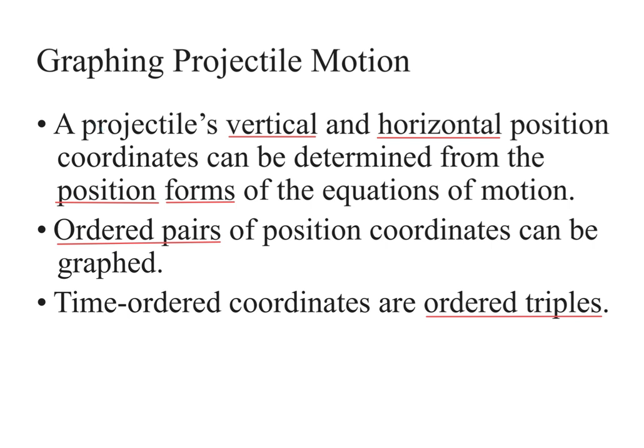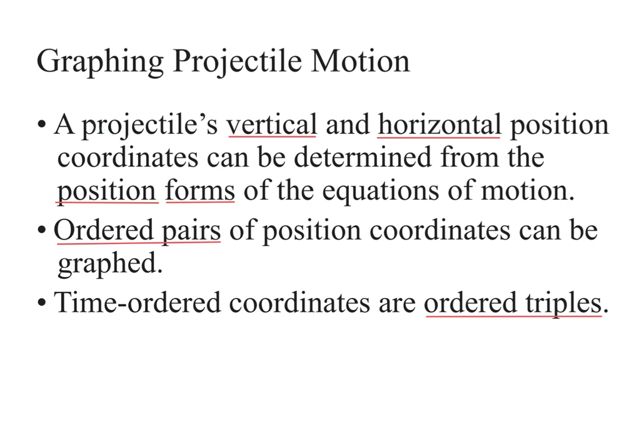The first thing we're going to do is graph this. We have the projectile's vertical and horizontal position coordinates, and they are determined from the position forms of the equations of motion. So we're going to go back over the equations of motion. Then you can create ordered pairs based on what you're comparing.